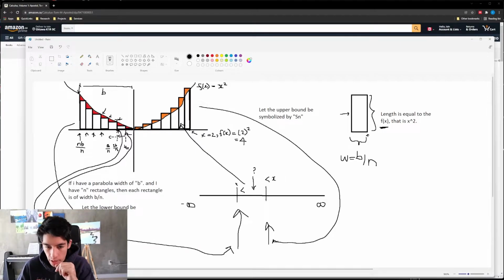The first rectangle does not occur until b over n, because when the parabola hits 0, you cannot draw a rectangle greater in height than 0. Therefore, it has to be 0 for the first b over n. So this was just a graphical error.